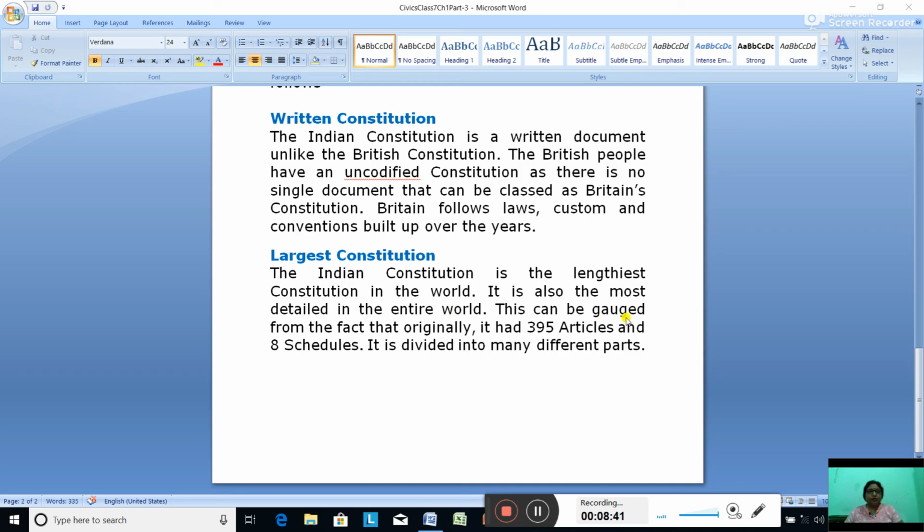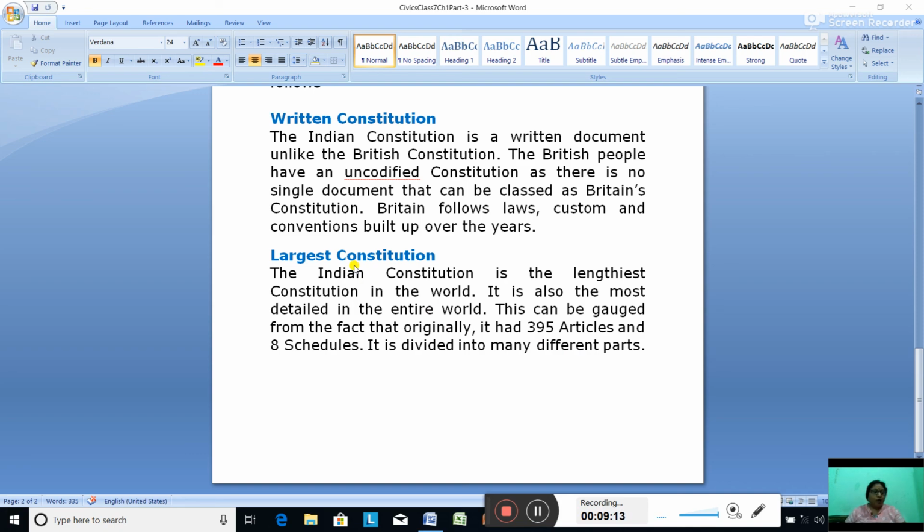This can be gauged from the fact that originally it had 395 articles and 8 schedules. It means when the constitution was adopted, at that time it had 395 articles and 8 schedules. Today the number is more and it is divided into many different parts, which shows that the Indian constitution is the lengthiest constitution in our world.